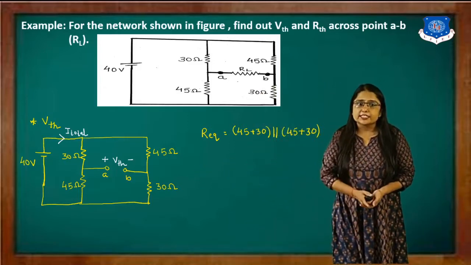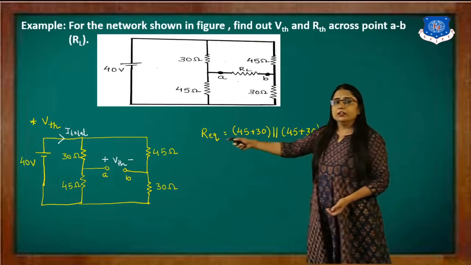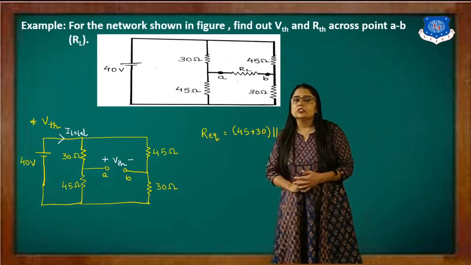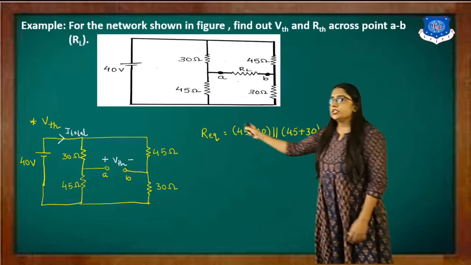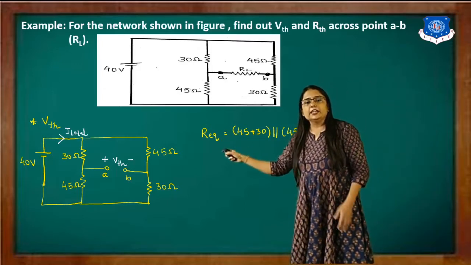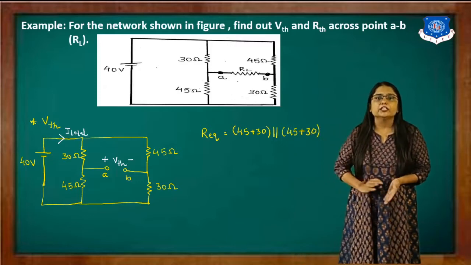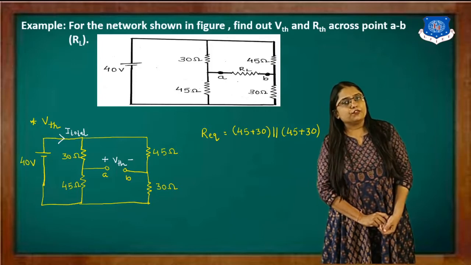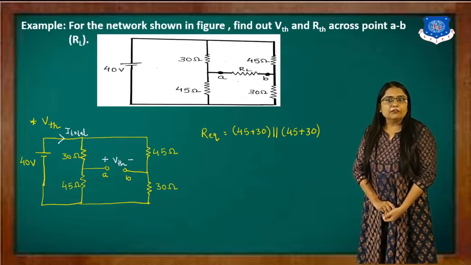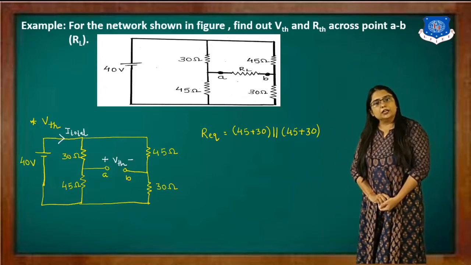That is in a series connection. And then that 30 and 45 is also connected in a series connection. Now these two series connections are connected in parallel with each other. So the value of R equivalent equals 45 plus 30, parallel with 45 plus 30.